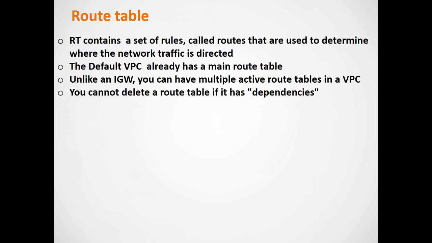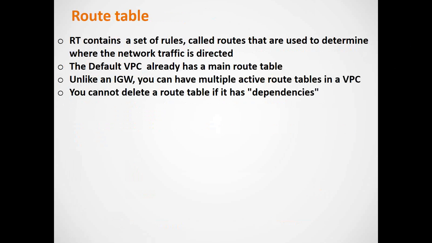In a VPC, we can have only one internet gateway. That is what I said some time back. But within a VPC, you can have multiple routing tables. So it is not mandatory that you should have only one routing table. You can have multiple routing tables, specifically saying this is how the data should be flowing, this is where you should be going.